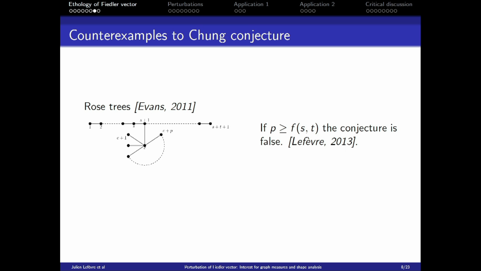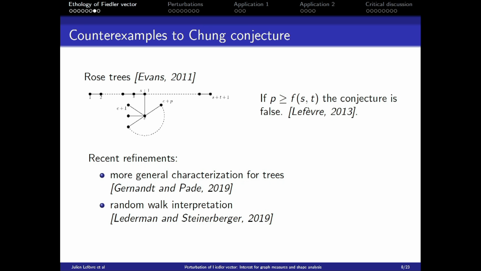When the number of branches of the star is quite large, the conjecture is no longer true. You have an extremum at one boundary of the graph and another one on another branch of the star. There have been other recent results in that direction to generalize this conjecture a bit more, but there are not a lot of results.